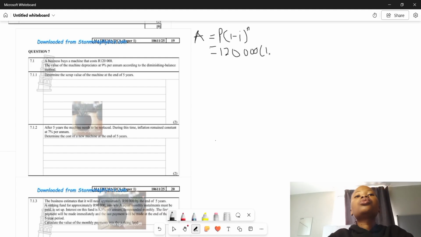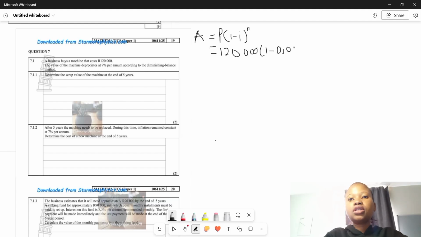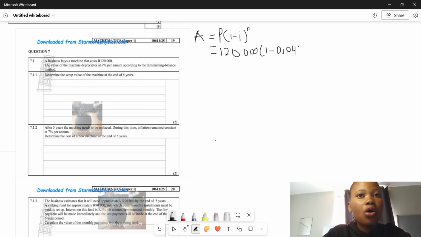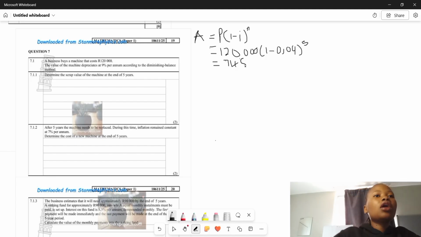Now we are going to punch it in our calculator, which is going to be 74,883. Now they ask us to determine the scrap value. So we are writing the final answer that we got from this side, and we are going to bring it to this side. All right. Now, let us write it.